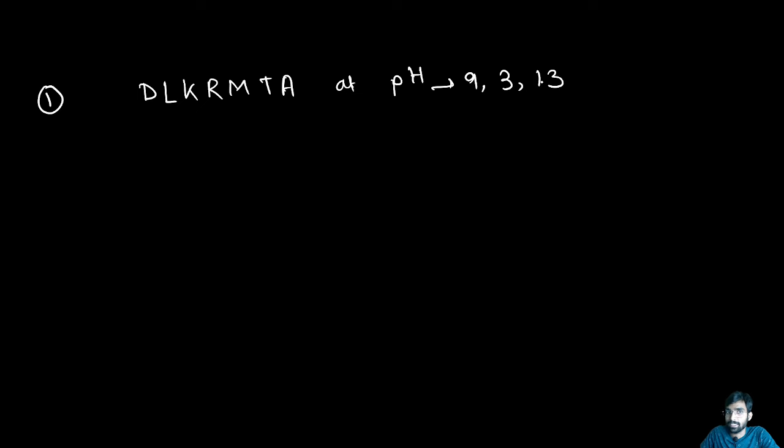Suppose your name, your family name, and a few peptides. So I'm giving you, suppose, DLKRMTA at pH 9, at pH 3, at pH 13.